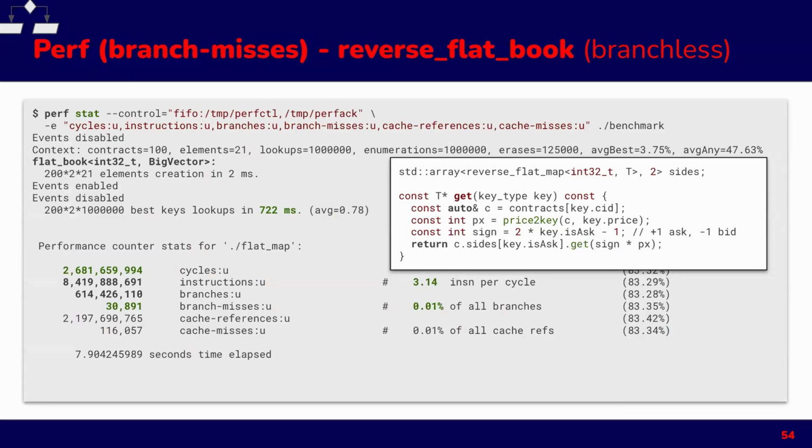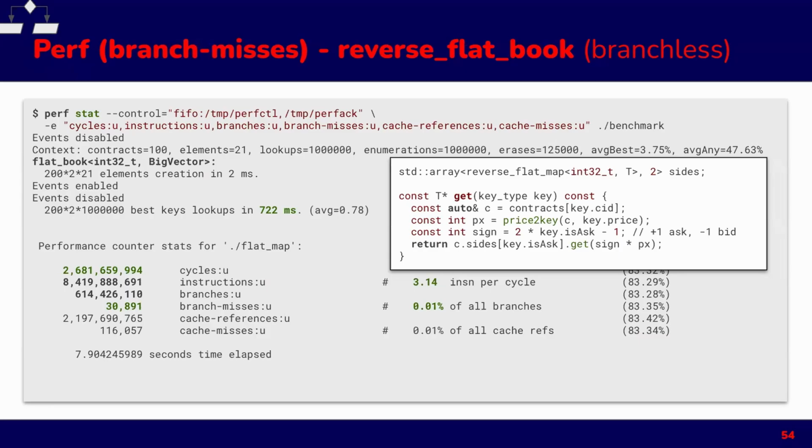This is a perf measurement. You can see there is some number of lookups. It doesn't directly correspond to the benchmark we already saw. The resulting lookups take 0.7 seconds, right? This is the branchless version. We are converting the price, calculating the sign, and using the side as an offset into the map array.